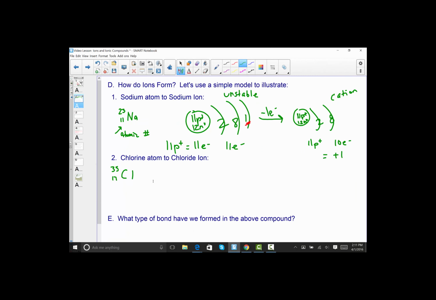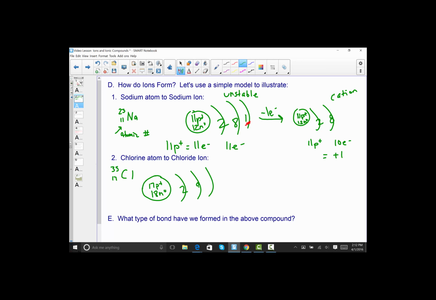So knowing that its atomic number is 17, 17 positive protons, let's make that a little neater please. 17 positive protons, and 35 minus 17 is 18 neutral neutrons. 3 energy levels because it's in period 3.